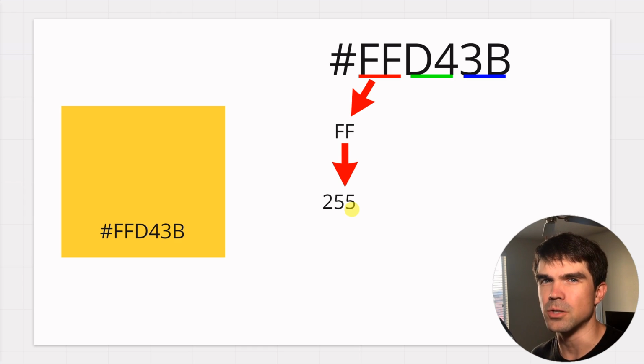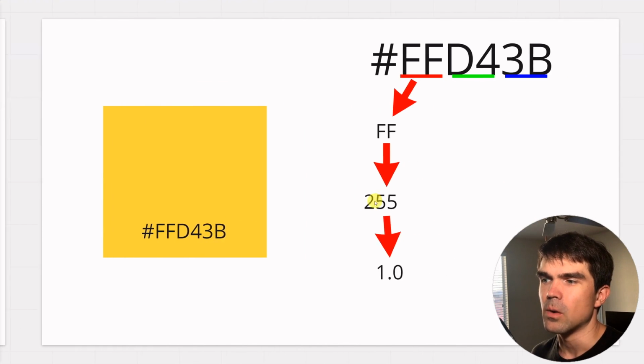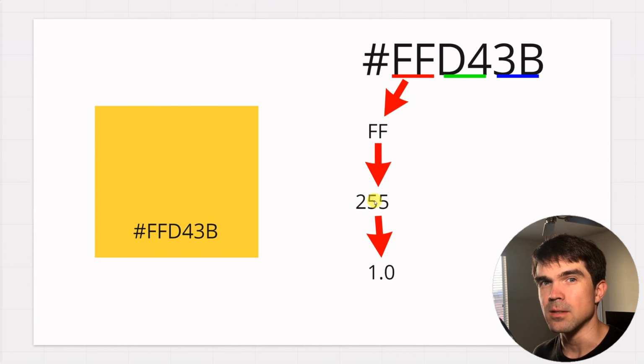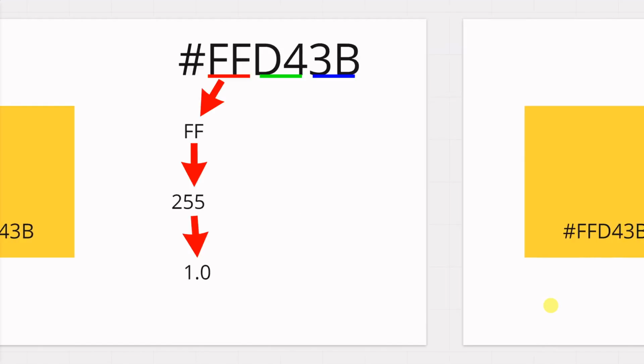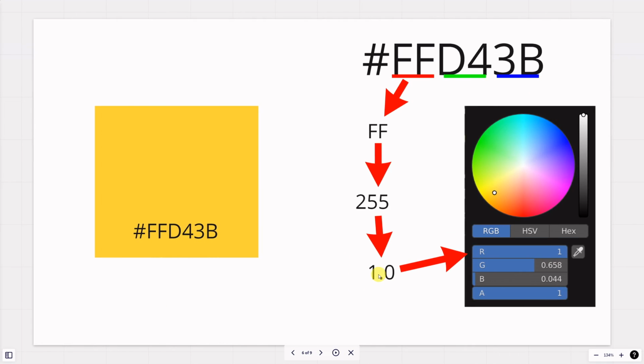Base 10 numbers are just the numbers that we see every single day. So after that's done, we're going to divide this number that we got by 255. In this case, it's not that good of an example, because if we divide 255 by 255, we're going to get 1. Next, we're going to take that red value and apply it to the RGB value in Blender.